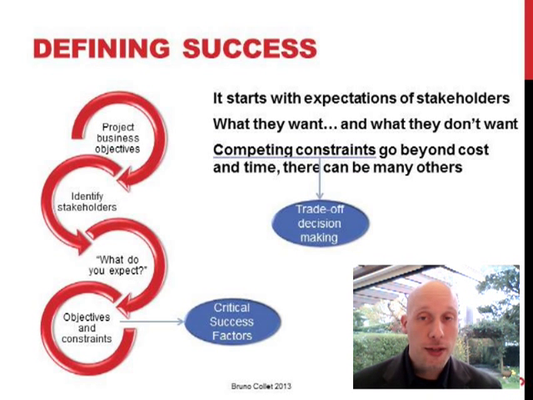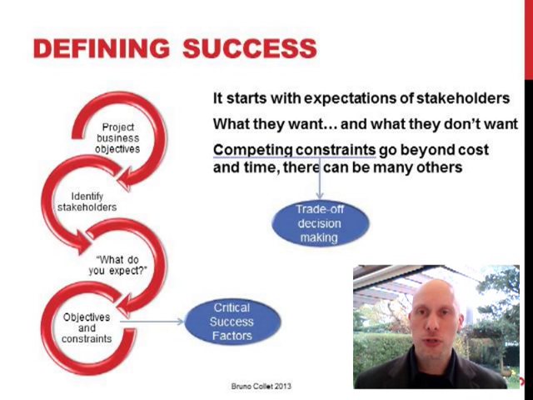And typical constraints could include, for example, time, cost, or compliance to some standards. These objectives and constraints together make up what we call the critical success factors. They are actually a high-level view of what success is for different stakeholders.